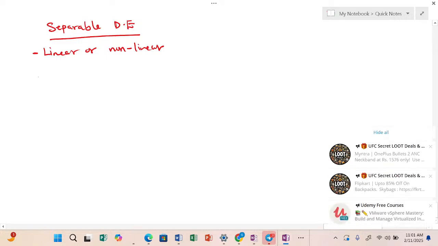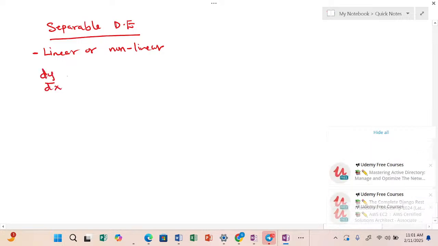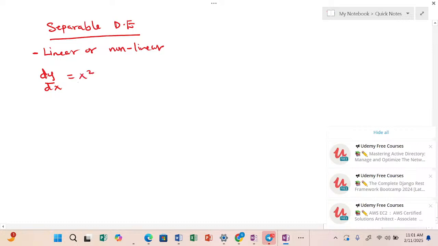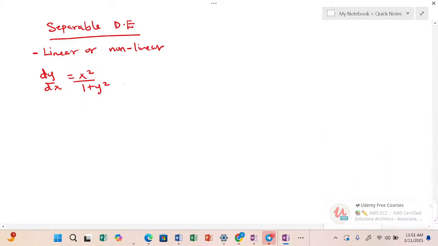So an example is here, where we have dy/dx is equal to x squared all over 1 plus y squared. So this particular equation is not a linear differential equation. But then you could see we can effect some separation.